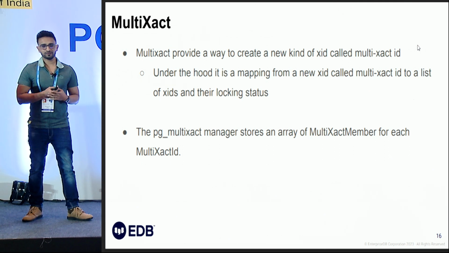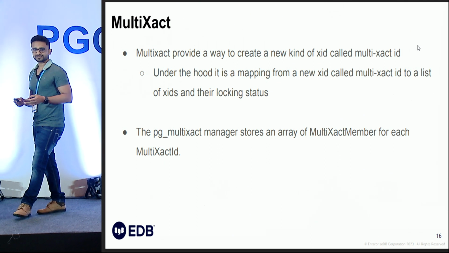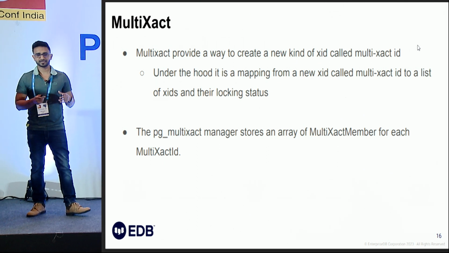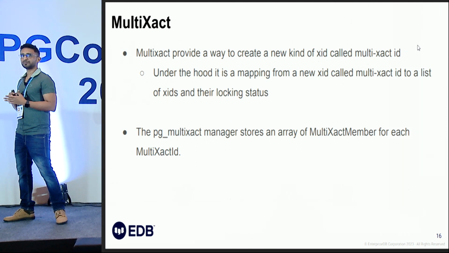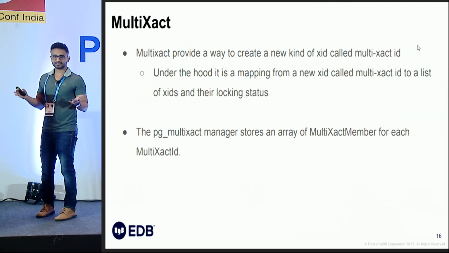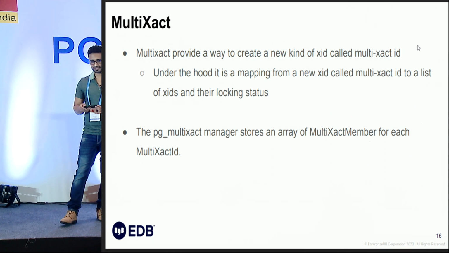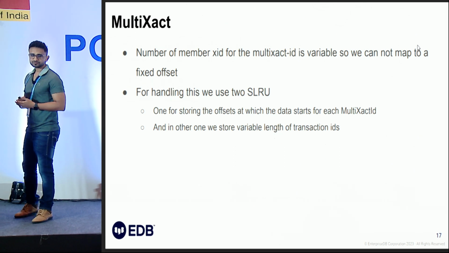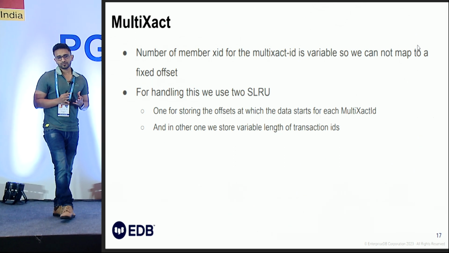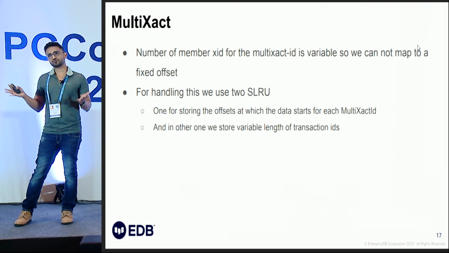And here also we have an SLRU implementation, which we can call the PG MultiXact manager. This stores an array of multiple members or XIDs mapped from one MultiXact ID. We'll understand this in more detail. The number of XIDs for each MultiXact ID is not fixed.